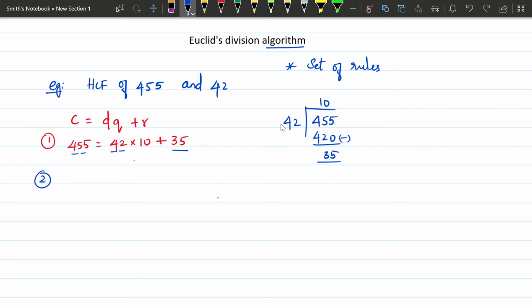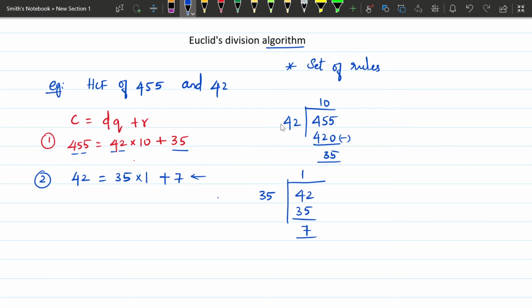So apply the division lemma for 42 and 35. Again we're going to go with long division, but it's easy. Divide 42 by 35, that is 1 times 35 and the remainder is 7.